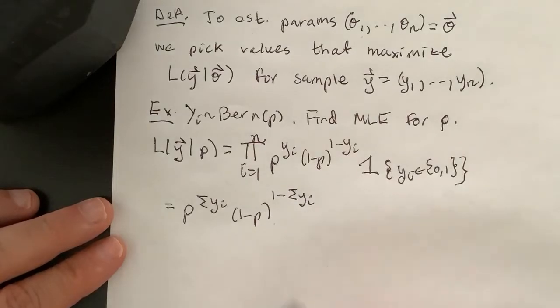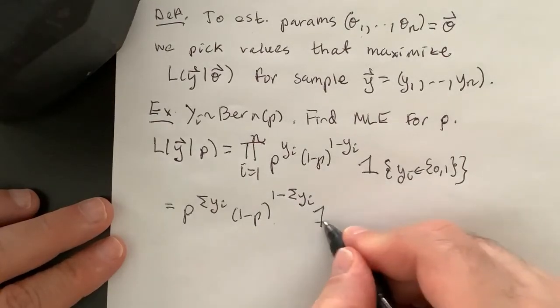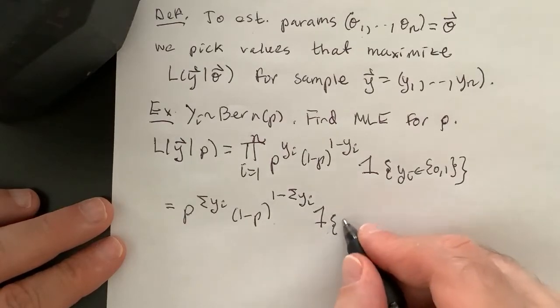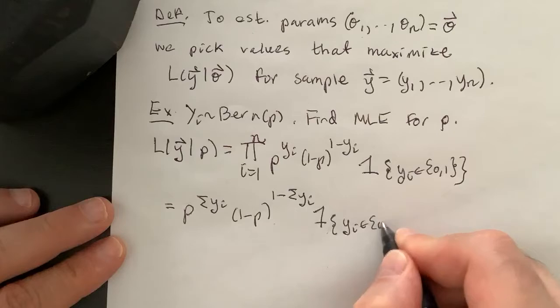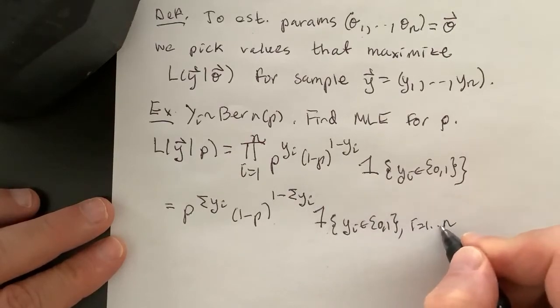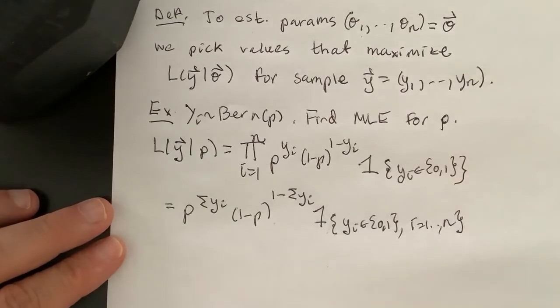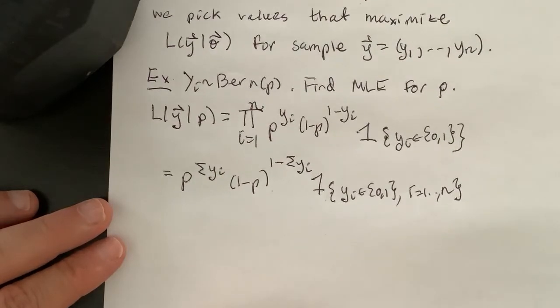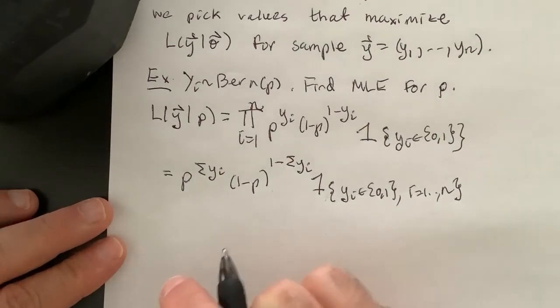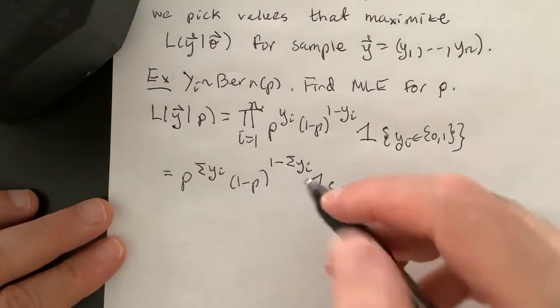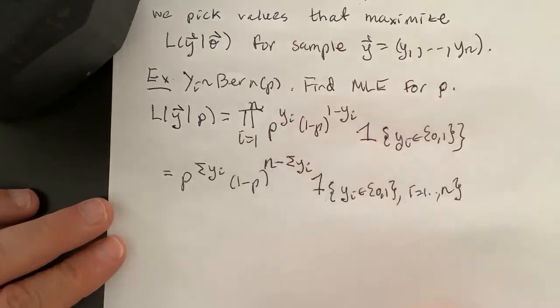And the last thing just becomes 1, since all of those have to be either 0 or 1. So yi in {0, 1}, i equal 1 to n. Okay, all right, so I need to maximize this based on the y's. The y's will give me numbers. When I add them up, I'll get this here. Oh, I didn't do this one right. This should be n.